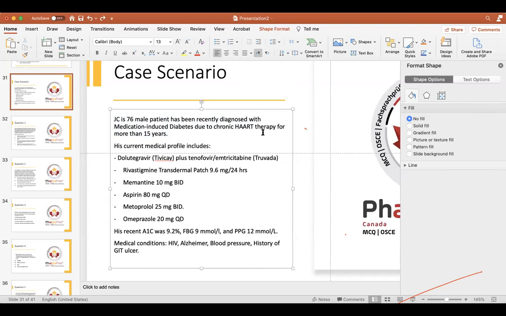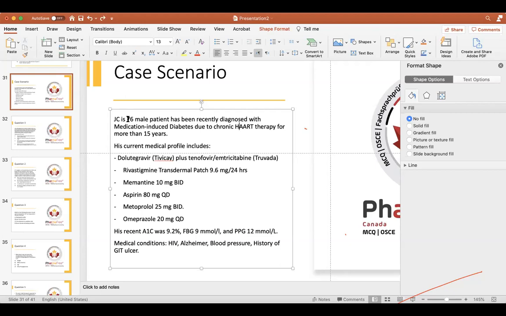So here is the trick. This is medication-induced diabetes. Moreover, the patient is 76 years old. He only developed diabetes at the age of 76. So definitely it's age-related or medication-related or something else. It's not genetic or hereditary diabetes.